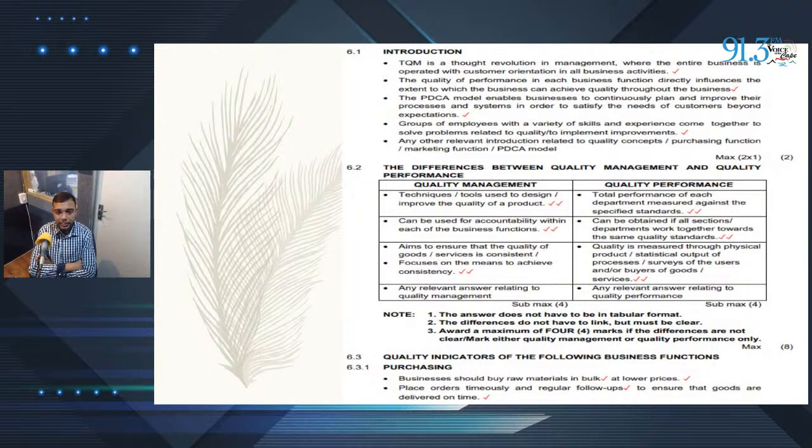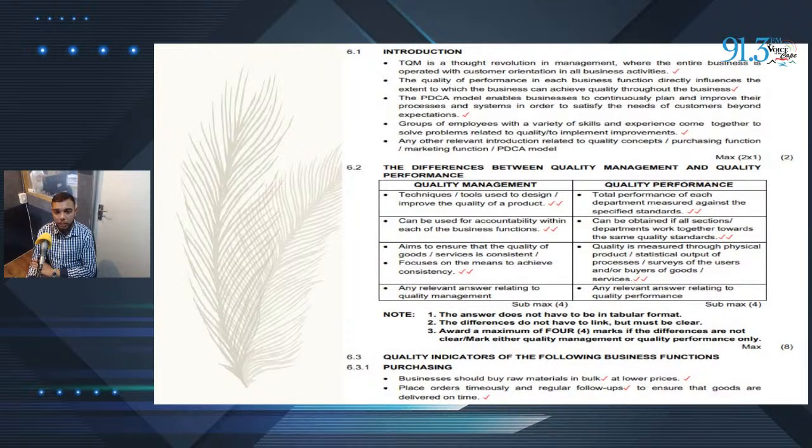We move to the next subheading, which is your quality indicators on the following business functions. Remember, there were two: purchasing and marketing. So you're going to have two bullets under each one. So purchasing: business should buy raw materials in bulk at lower prices and then place orders timeously and do regular follow-ups to ensure that goods are delivered on time.